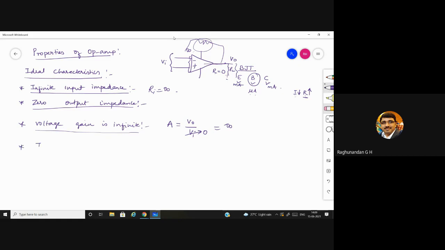And next is infinite bandwidth. Bandwidth is the range of frequency over which the output will be maximum. If you remember, we had an open-ended experiment for CE configuration, where you get the frequency response like this.